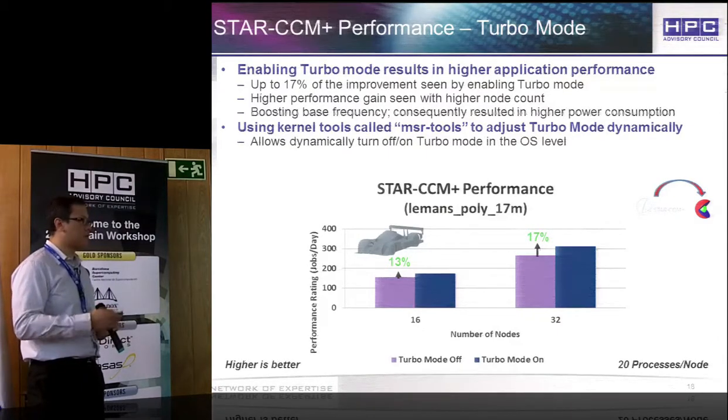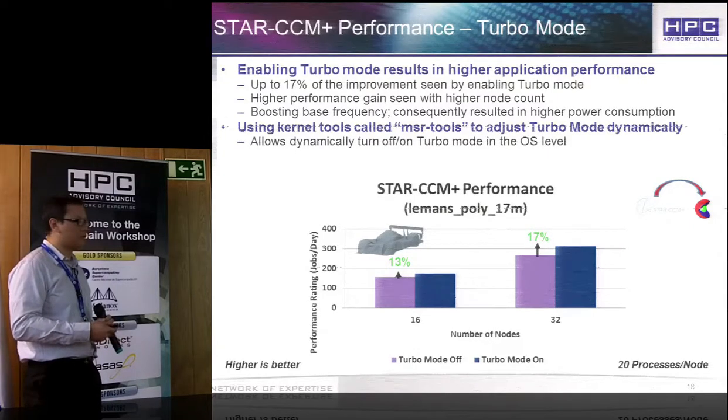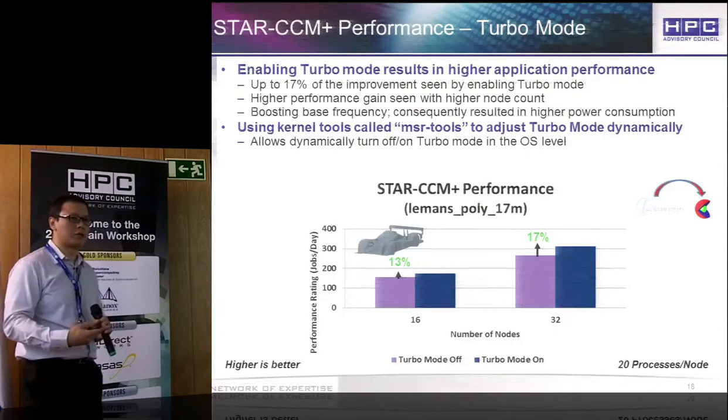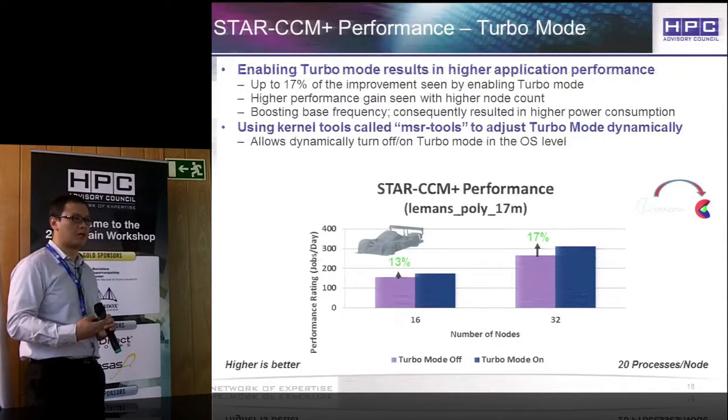Some of them get a sizable improvement, but by enabling turbo boost, your system also runs a lot harder and uses a lot more power. That's a consideration you should think about.